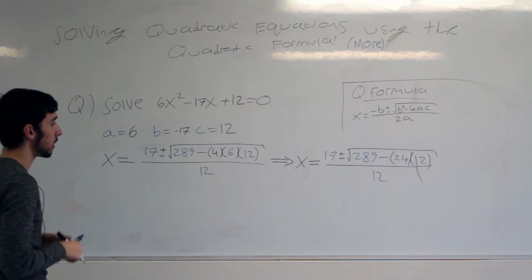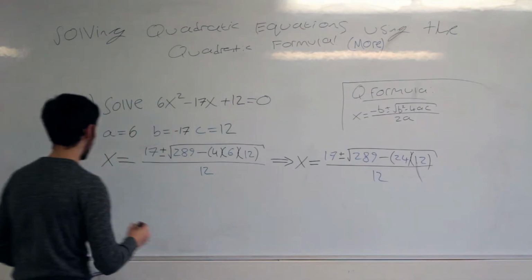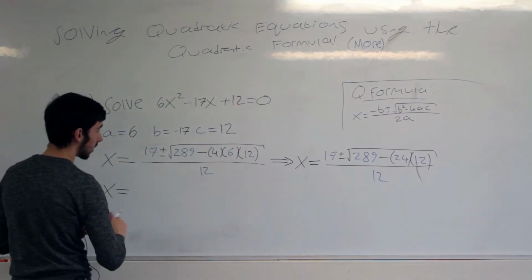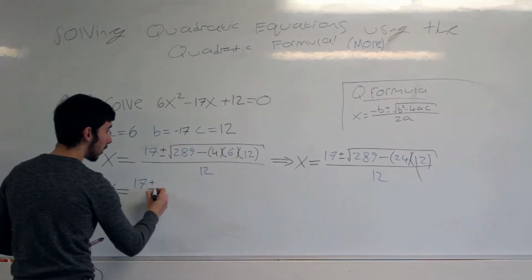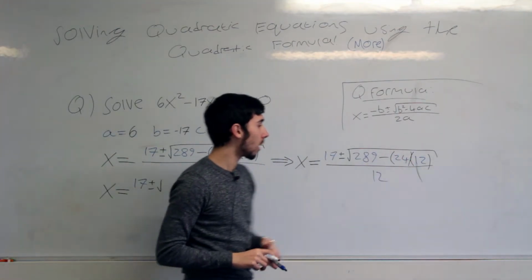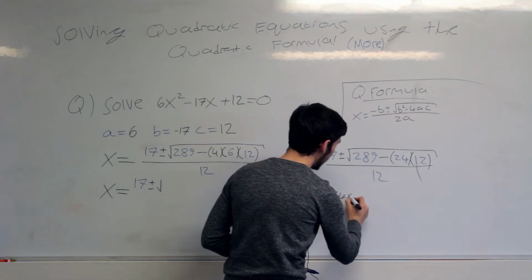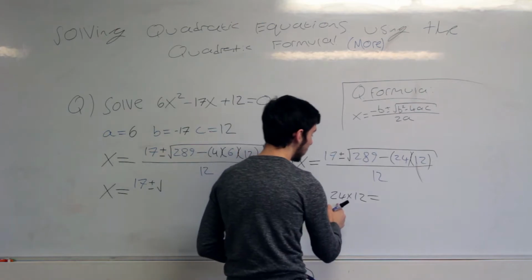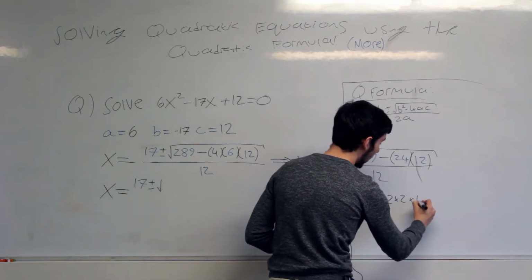Right, what do we do now? Well, let's try and figure out what this whole square root is worth, because that's the most annoying thing right now. X is going to be equal to positive 17, plus or minus the square root of, okay, 24 times 12, let's just make a little note, a little bit of arithmetic. 24 times 12 is the same thing as 12 times 2 times 12.